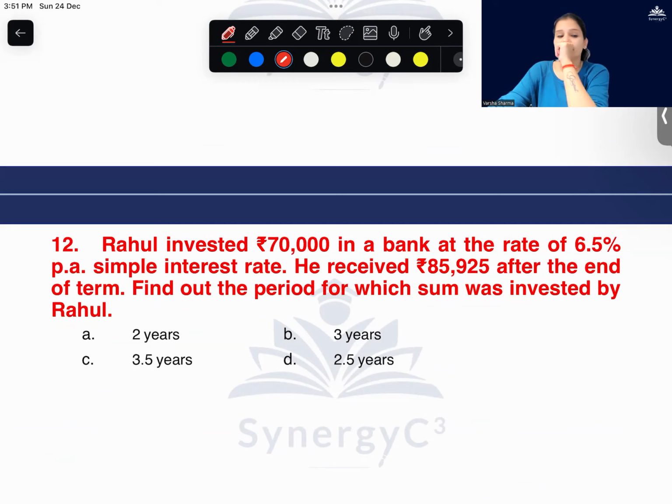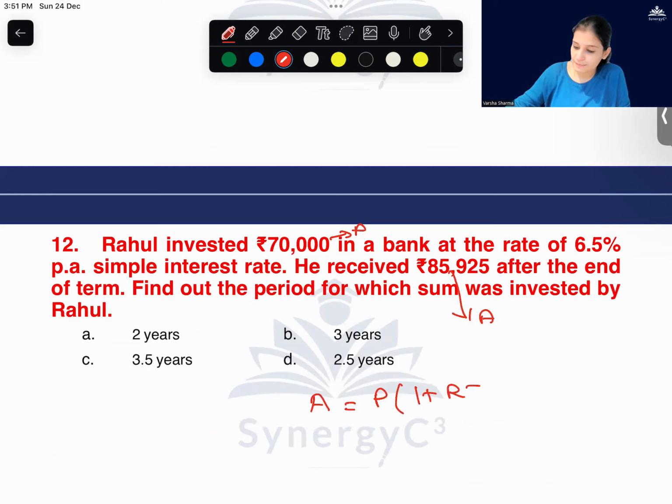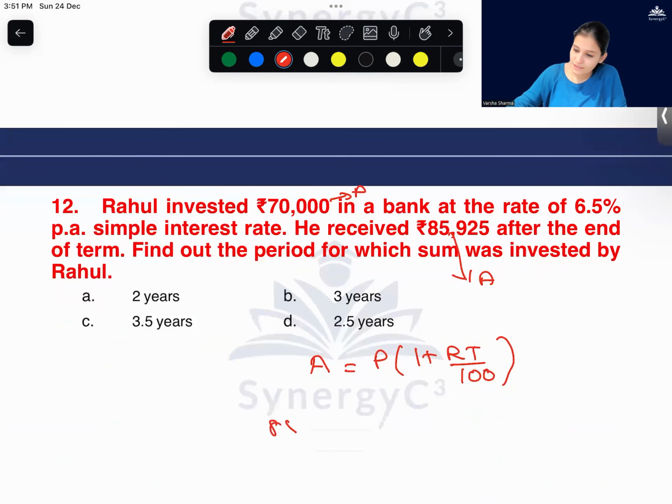What is given to us? This is our principal and this is amount. So we can use the formula for amount. Amount was equal to P into 1 plus RT upon 100. Use this formula and find T. 85,925, 70,000. You could have subtracted also.